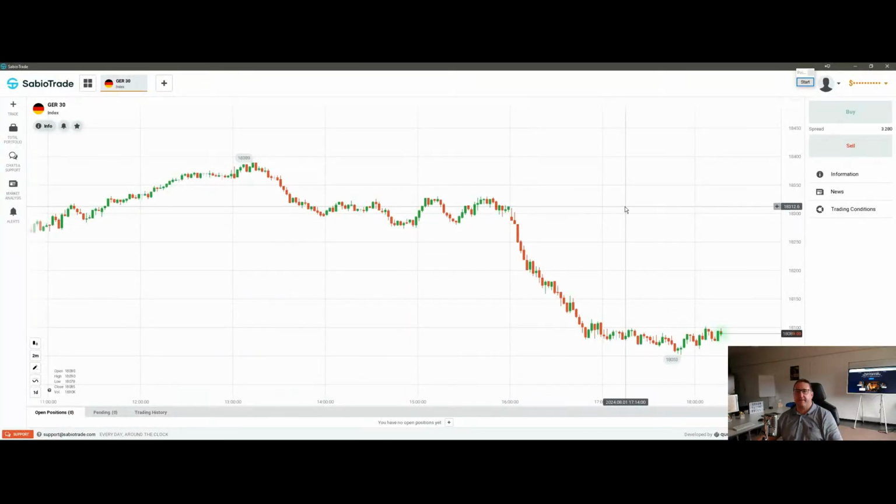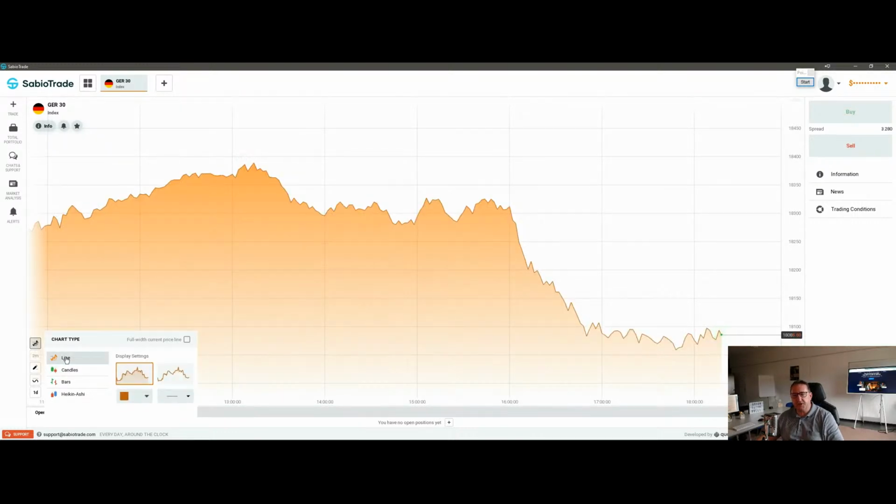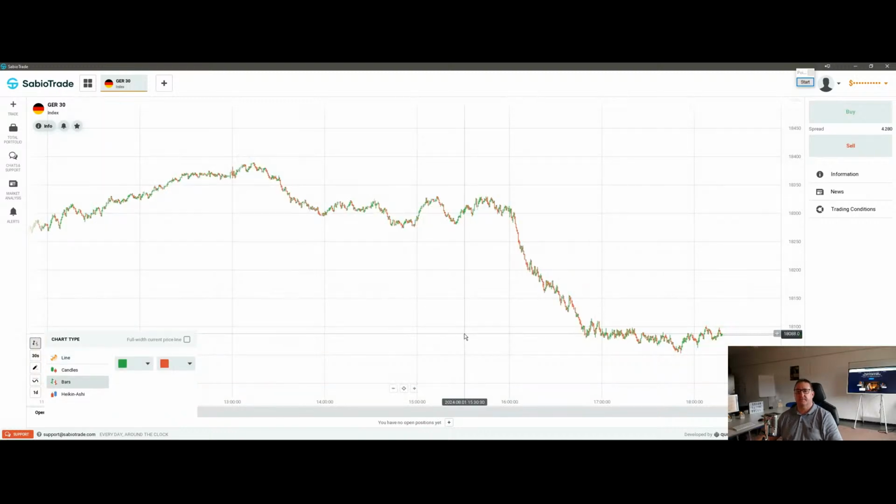If you open the platform here on SabioTrade, look, there you have the button chart type. And there you have different chart types. You have the candles, filled or not filled. You have a line chart. You have a bar chart.